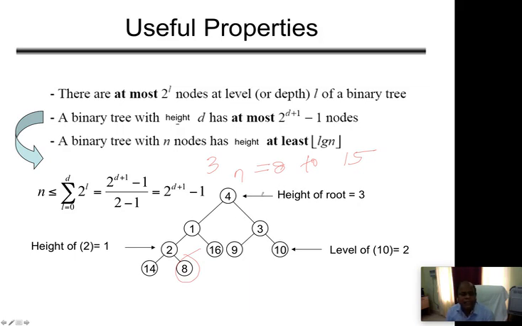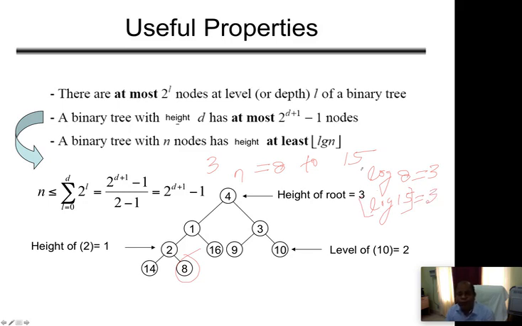And in this case, if there is 8, then log 8 will be 3. That means height 3. If 15, the floor of log 15 is also 3.